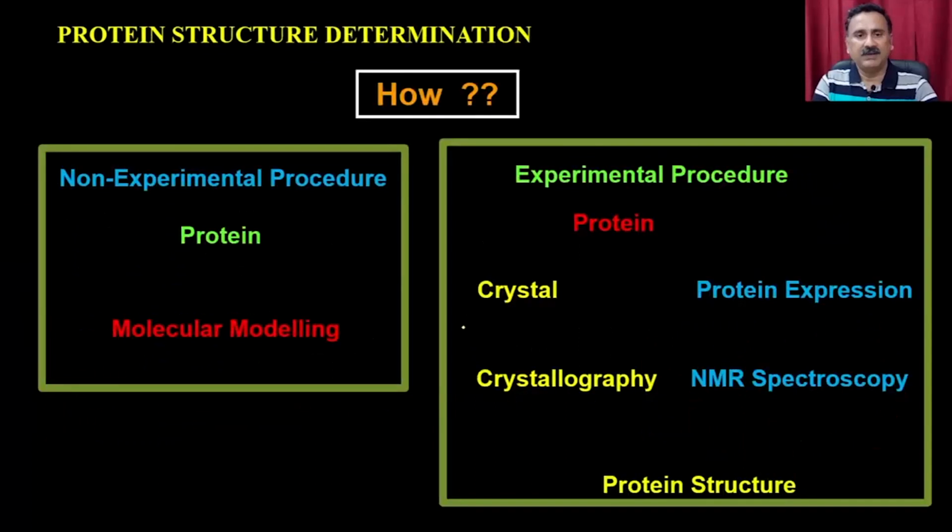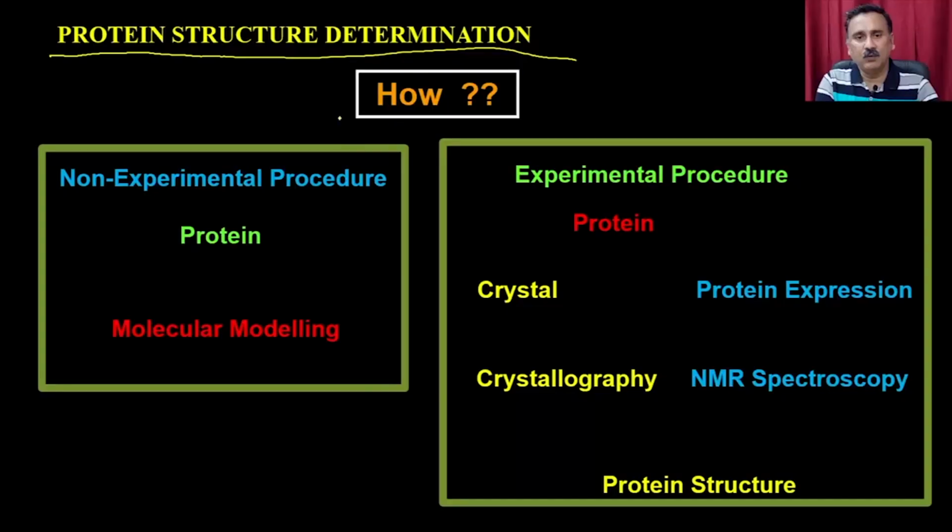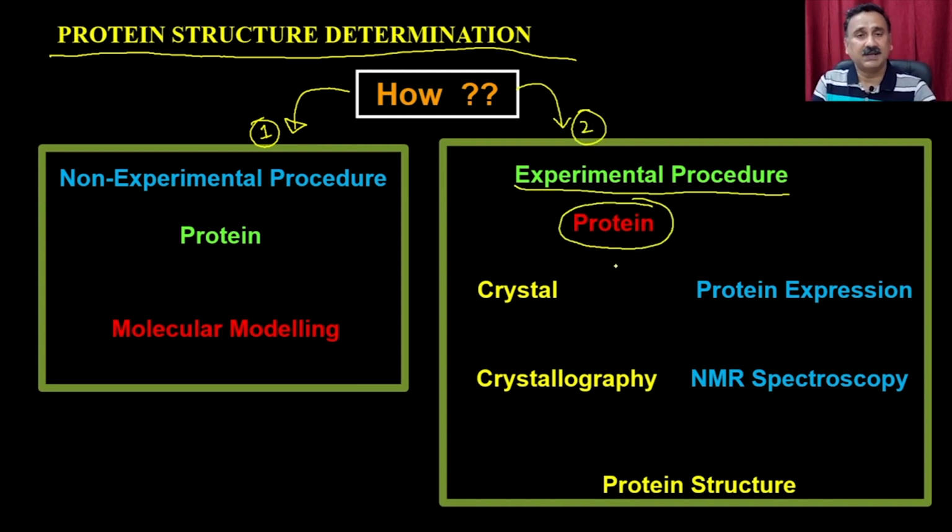When we talk about protein structure determination, the first question is how we are going to perform it. We have two options, option 1 and option 2. Option 2 is more of an experimental method for which you are interested in solving the three-dimensional structures, and you have two pathways.